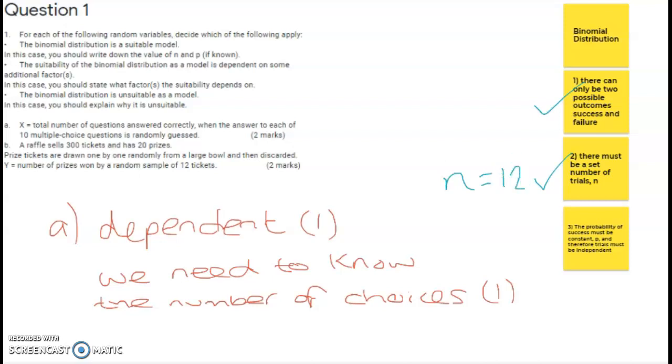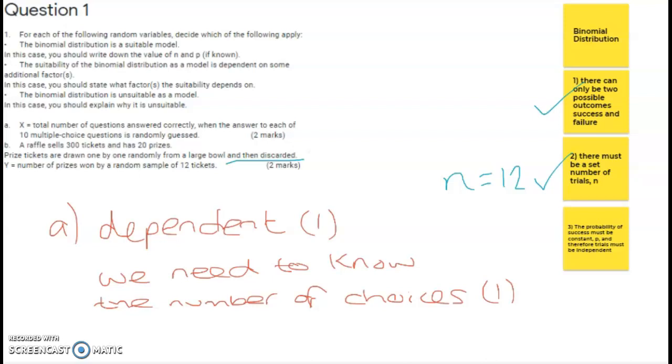3. The probability of success must be constant. Be careful here. It says the tickets are drawn 1 by 1 randomly from a large bowl and then discarded. So the probability of me winning on the first ticket drawn is 1 out of 300.